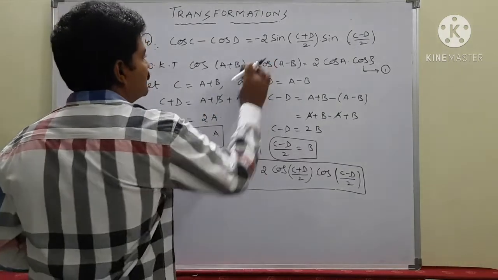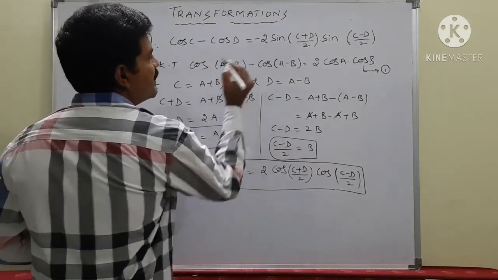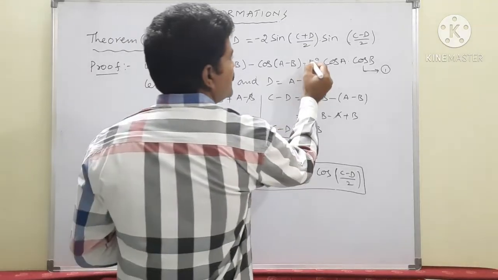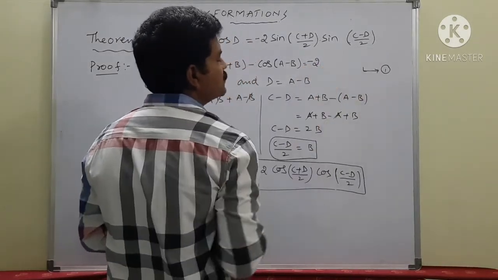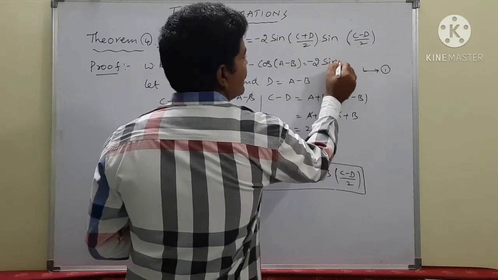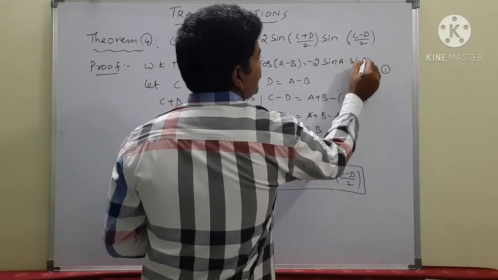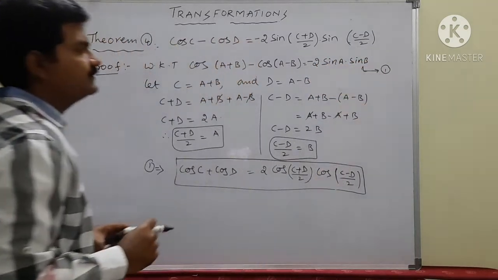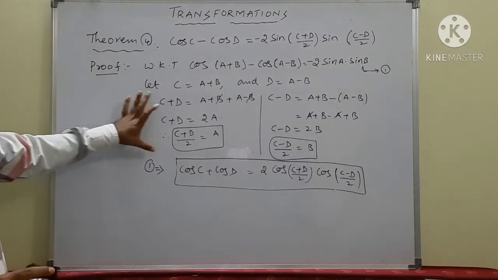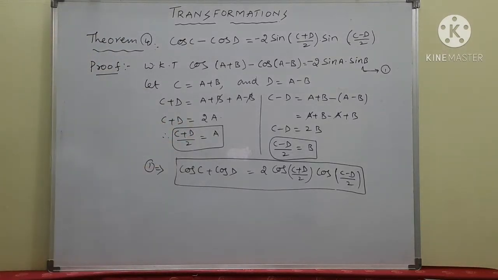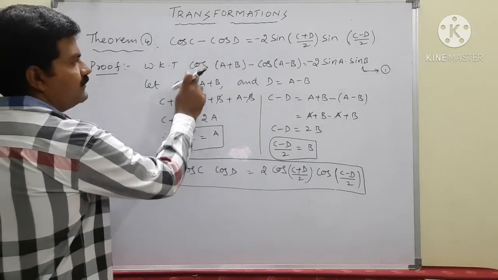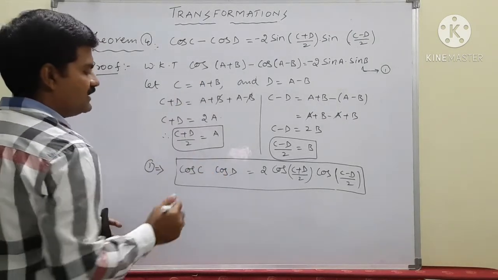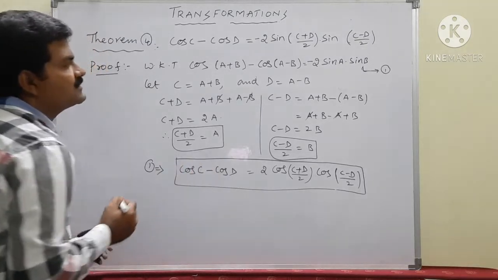So can you try? Once again, the fourth result, what we know, that cos of a plus b minus cos of a minus b is equal to minus 2 sin a into sin b. So let it be equation 1, and once again c is equal to a plus b and d is equal to a minus b.